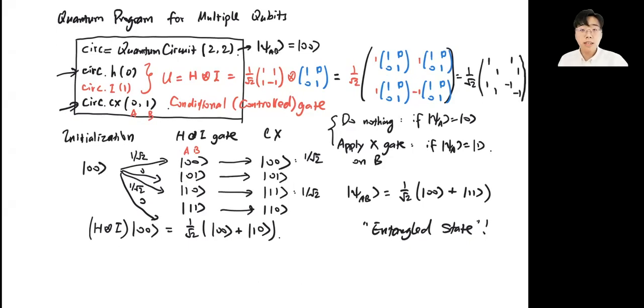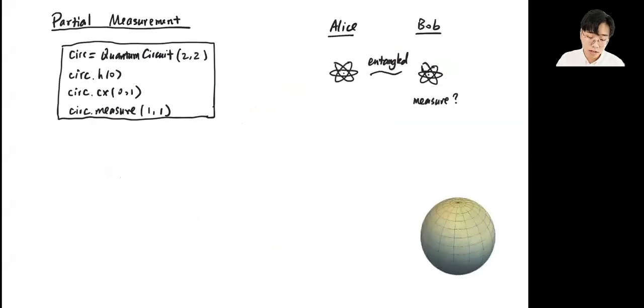So things become very interesting if we perform a measurement on a subsystem of an entangled state, and that is called the partial measurement. For example, say Alice and Bob each holds on to one of the two entangled qubits, and suppose Bob suddenly wants to measure his qubit.